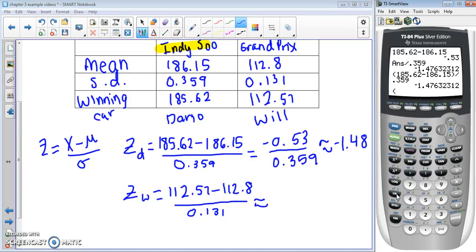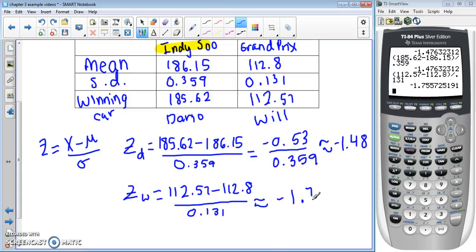So 112.57 minus 112.8, close my parenthesis, divided by 0.131. And we know we should get a negative value since he finished before the mean time. So his is negative 1.76.